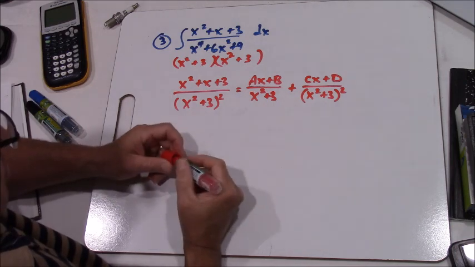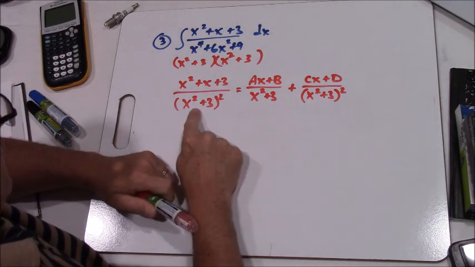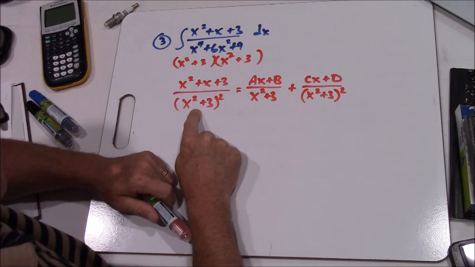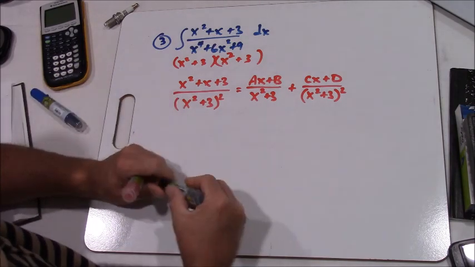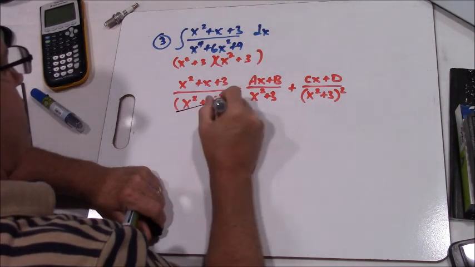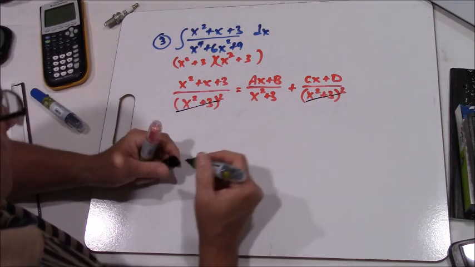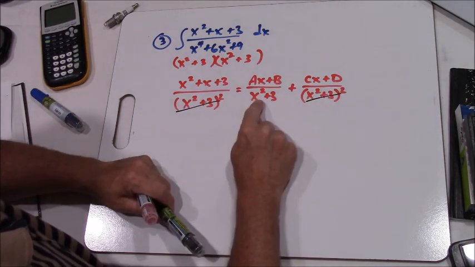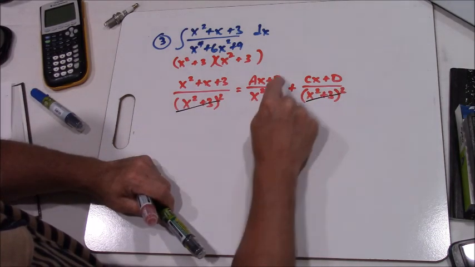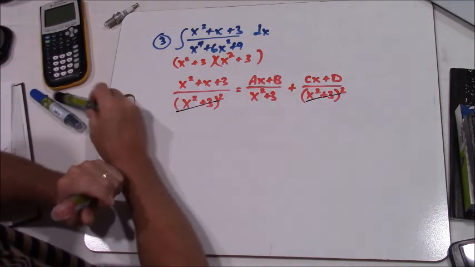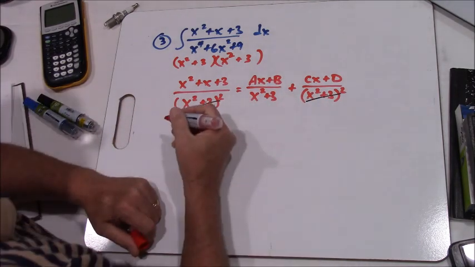All right, so I want to multiply through by the least common denominator, which is this. So that means here that'll cancel, here it'll cancel. And for this one, I'll still have one x squared plus 3 left in the numerator. So my new equation looks like this.